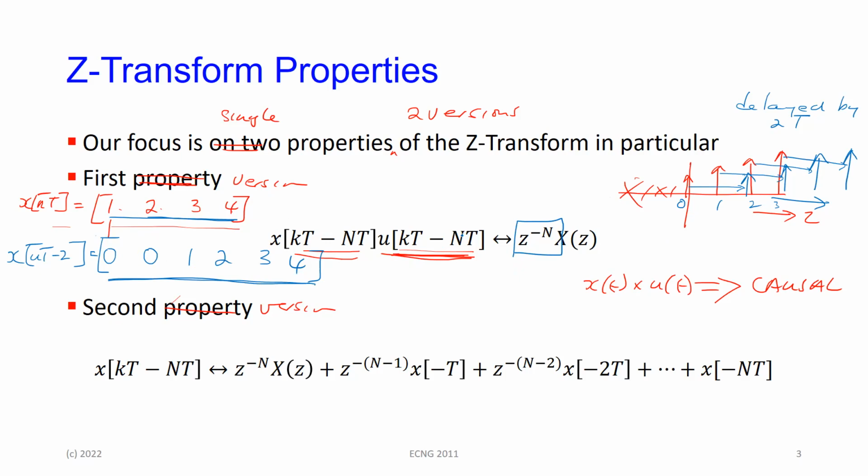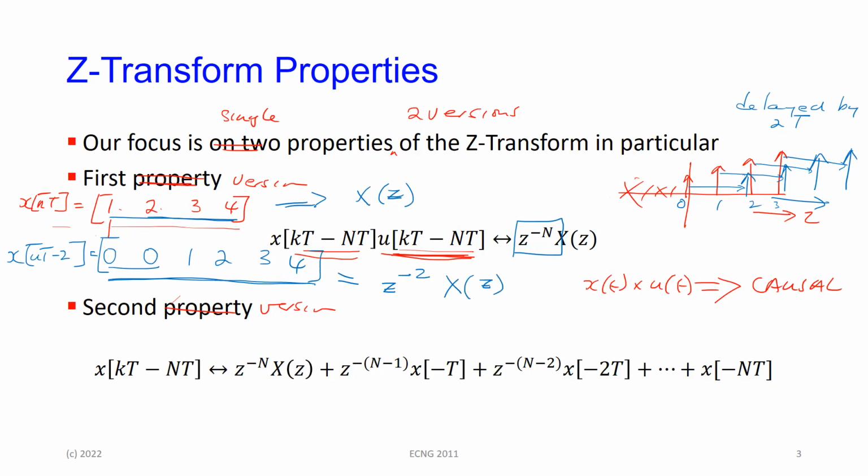Since I delayed this by 2, if this had a Z transform X(z), then the delayed sequence has a Z transform z to the minus 2 X(z).